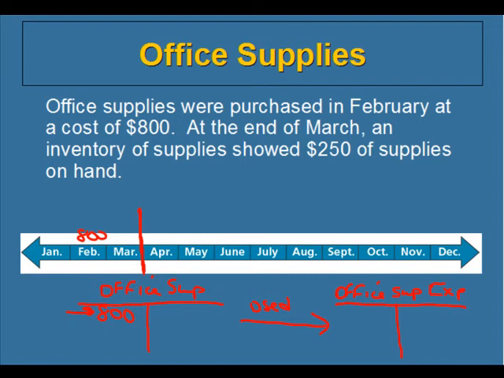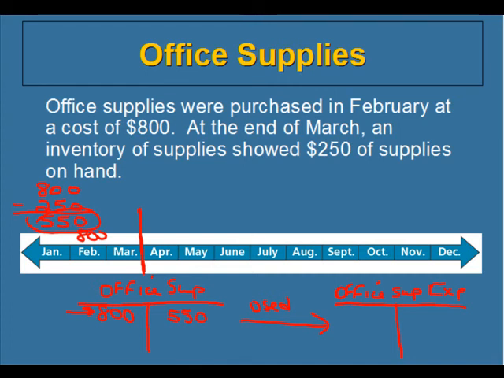So we're going to take the $800 of supplies we started with, subtract off what we have on hand, and that will give us how much we've used. So that's the number that goes in the adjustment. We have to take $550 out of the office supplies account with a credit because we want to make that office supply account go down. And that means we have to debit something, and we always debit an expense when we're dealing with prepaid.